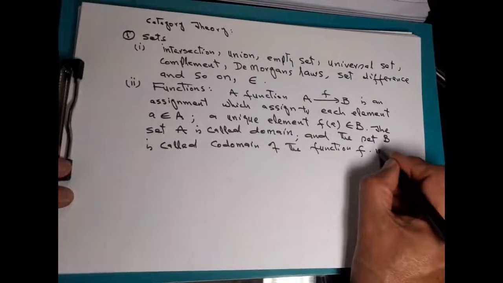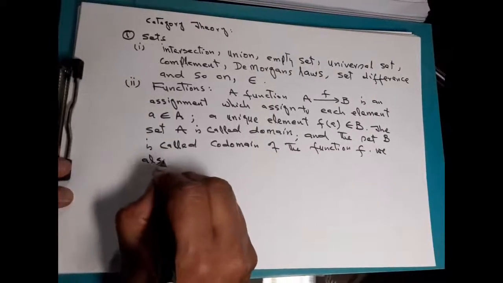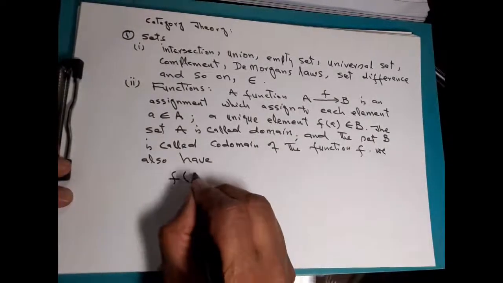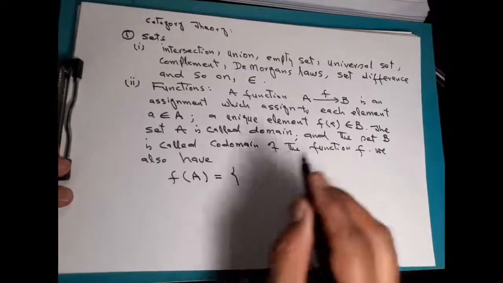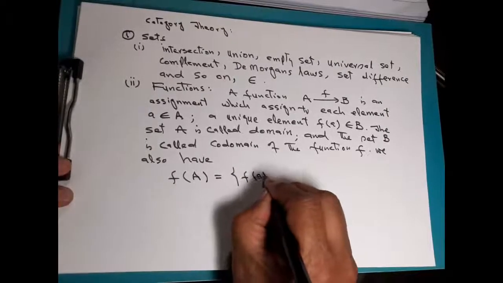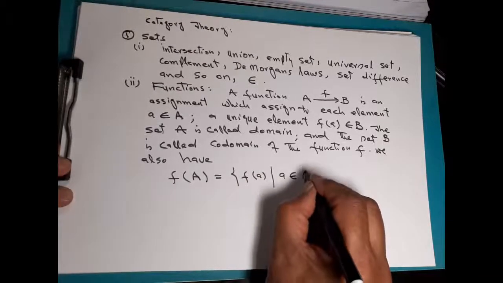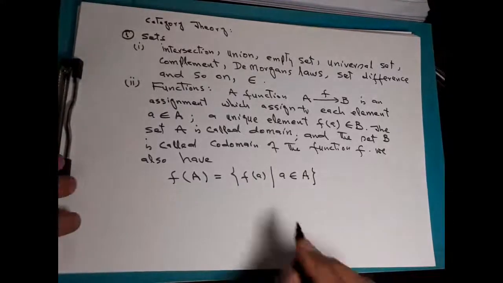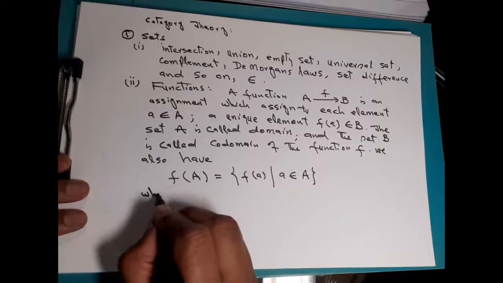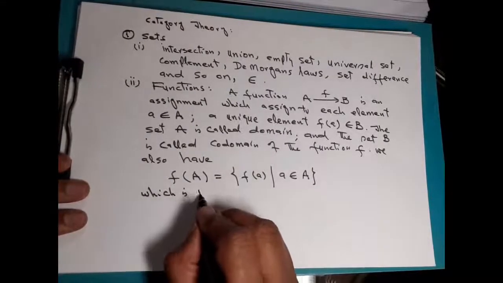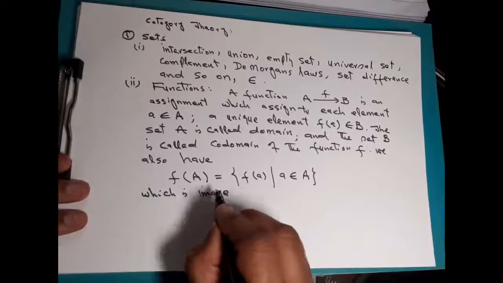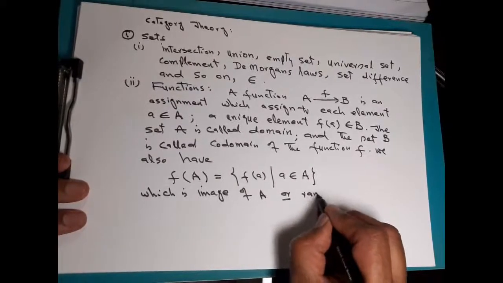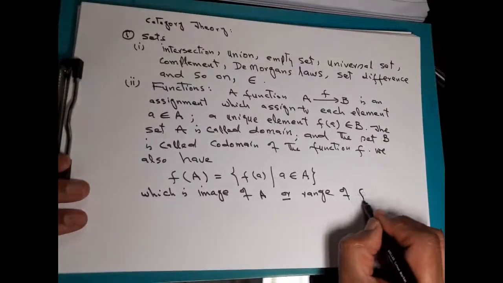We also have image of set A under function f, which we denote by f(A), and this is in fact f(a) such that a belongs to A. Images of all the elements of set A, which is image of A, or we also call it range of f, range of the function f.